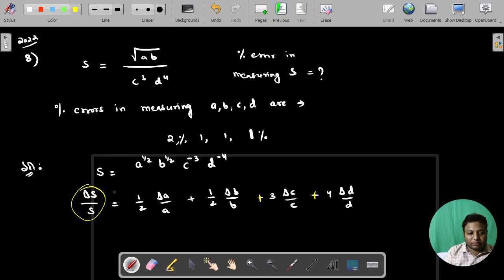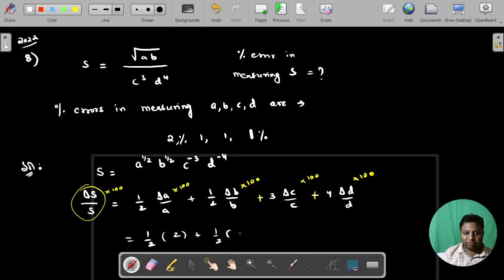Then we multiply with 100 on both sides. That 100 goes to every entity. Then half: the percentage error in A is 2. Percentage error in B is 1.